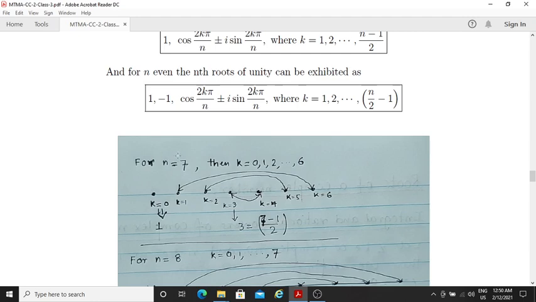All right, for n odd, omit the case k equals 0, the principal case, that is the one value, and the other roots are all complex roots because there is no minus 1 when n is odd. So we are basically pairing the complex roots as conjugates of each other. This one is conjugate to the last one, this one to the second last one, and so on.